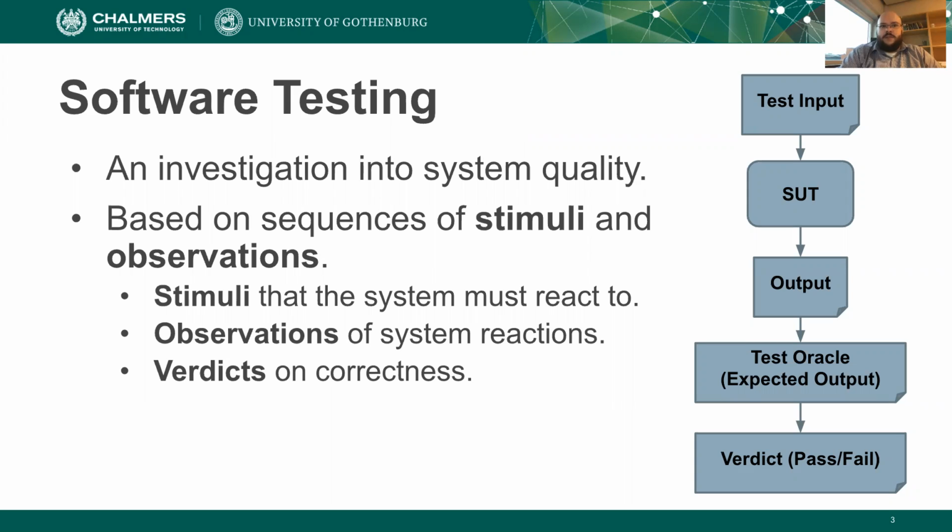Anything basically that you can use to check the results. You compare those observations against some pre-recorded embedded idea of what is correct. It's what we call the test oracle. If you write a unit test in JUnit, for example, you write assertion statements. Those are an oracle. Those are embedded expectations of what the system should be doing. And then we issue our verdict. Pass if everything matched our expectations, and fail if it doesn't, if something is wrong.